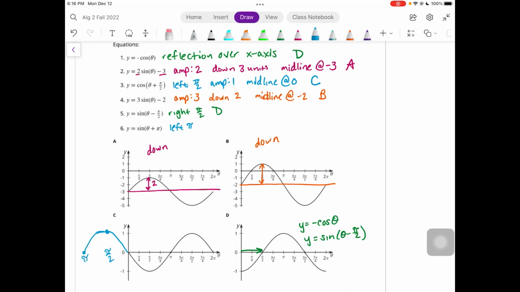So that is a shift of left pi units. So that one is also C. So again, here we have y equals cosine of theta plus pi over 2, and y equals sine of theta plus pi. And those give you the same graph.